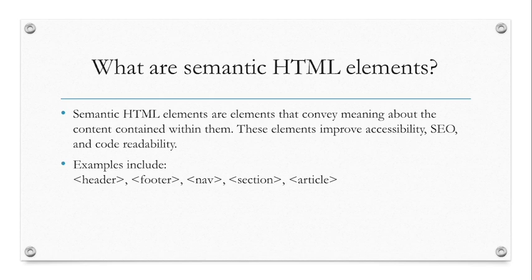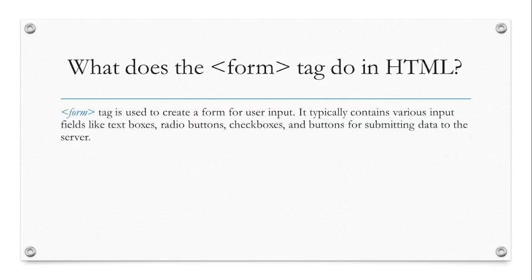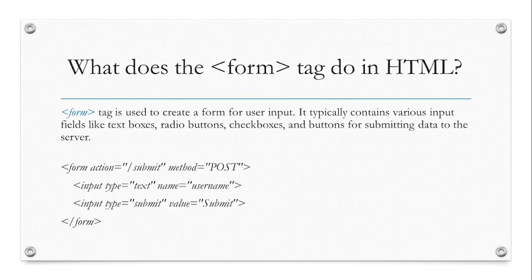Question 11. What does the form tag do in HTML? The form tag is used to create a form for gathering user input. Forms allow users to enter data, which can be sent to the server. Inside the form, you can have various input fields like text boxes, radio buttons, and submit buttons.